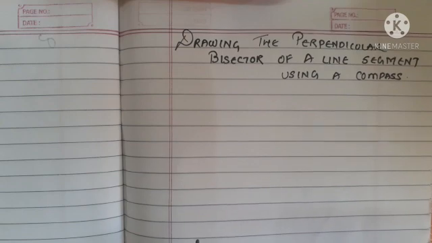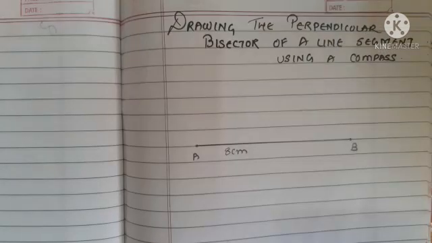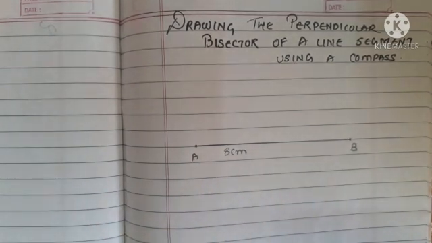But here for drawing the perpendicular bisector, we will draw the segment. See, first we have to draw a segment of length which is given. Now here we are just learning. So here I have drawn segment AB of 8 cm.